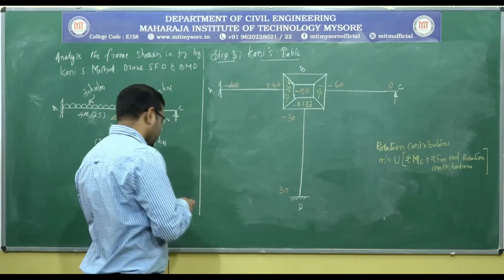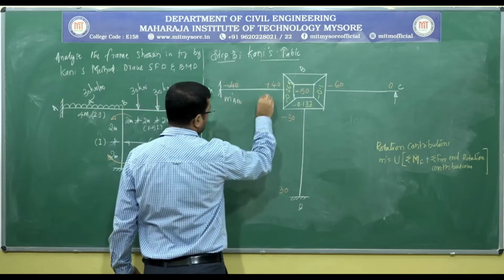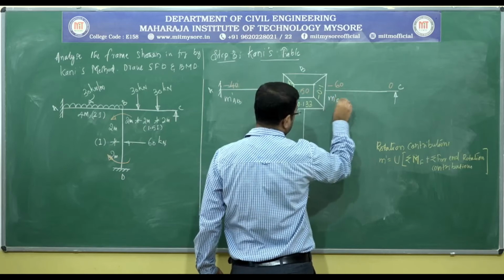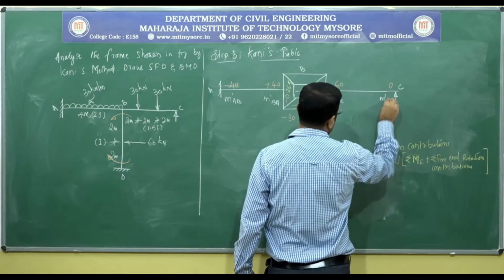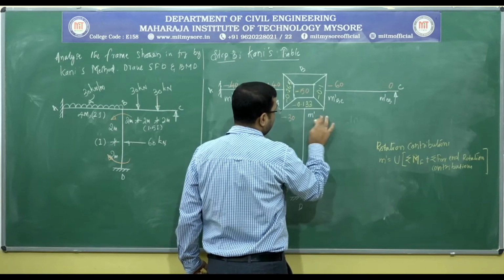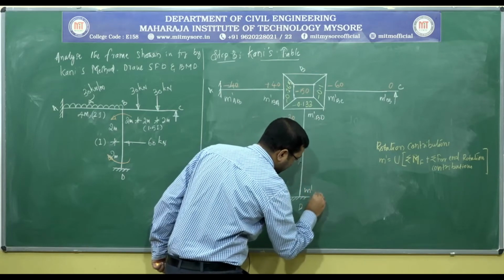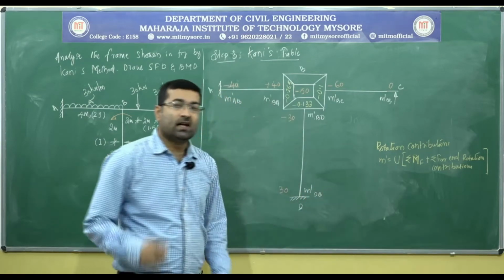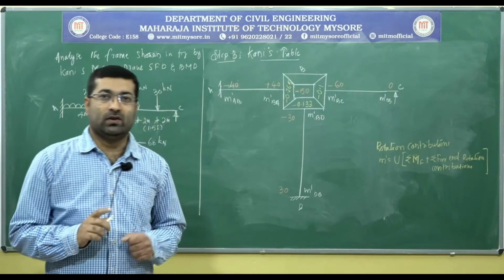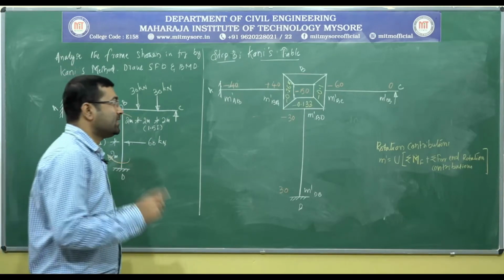Now here we need M dash AB, M dash BA, M dash BC, M dash CB, M dash BD and M dash DB. In Kani's method, they have clearly mentioned that there is no need to estimate the rotation contributions for the fixed ends. Consider them as 0.